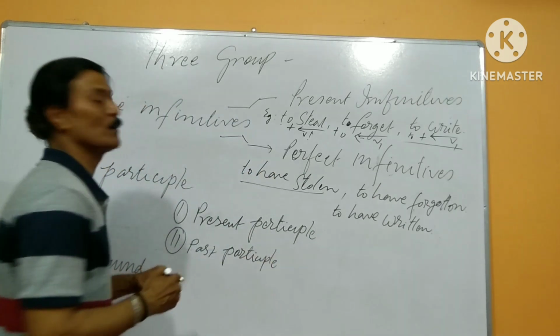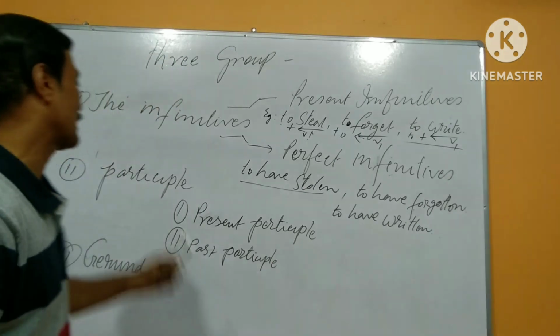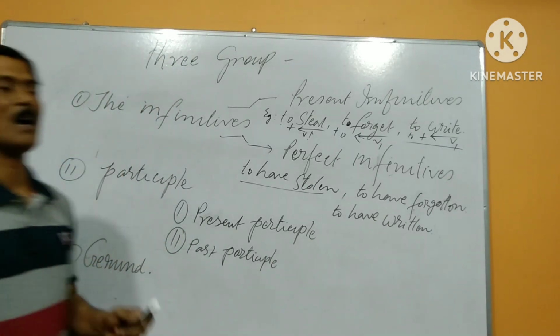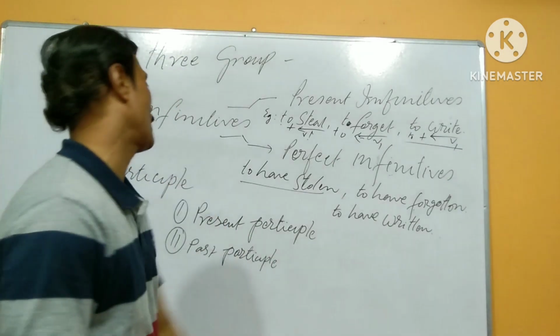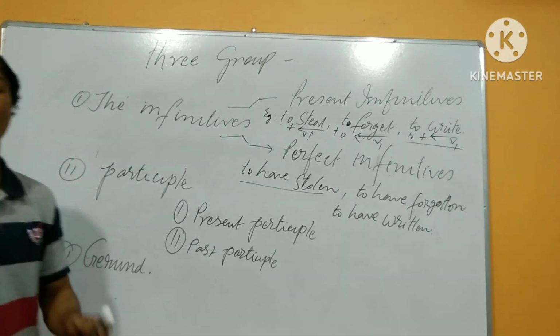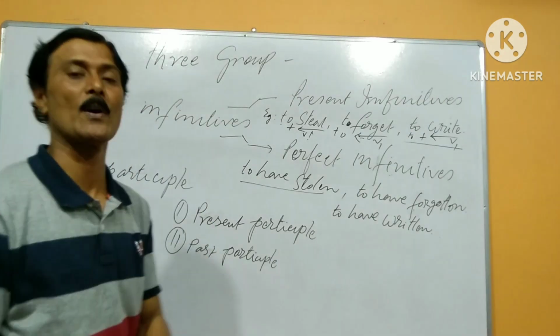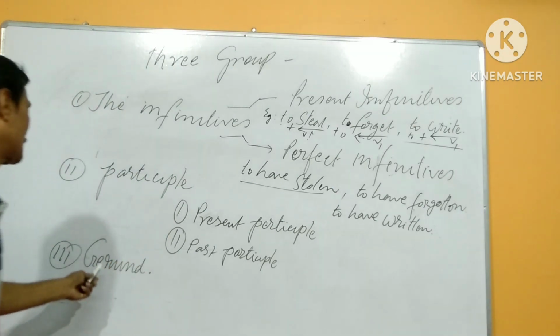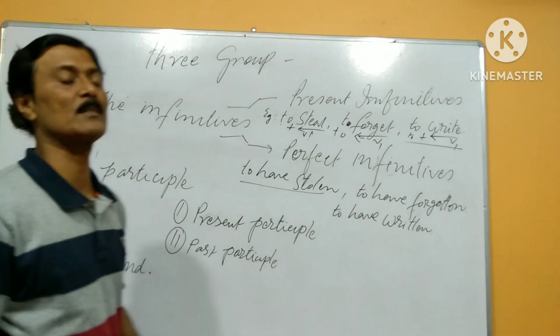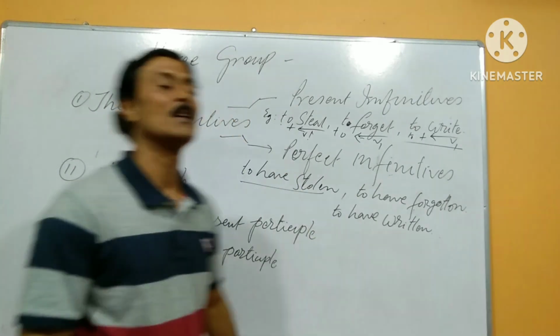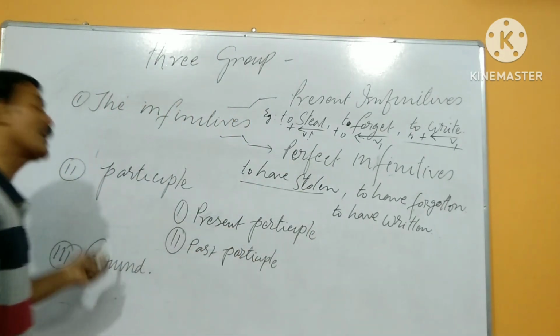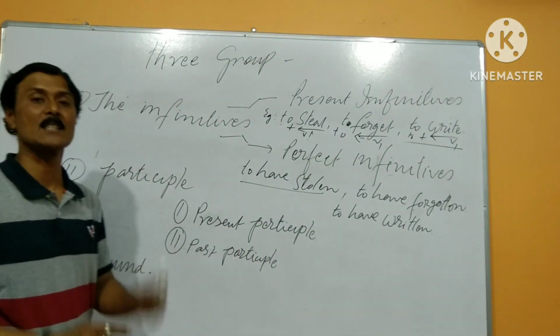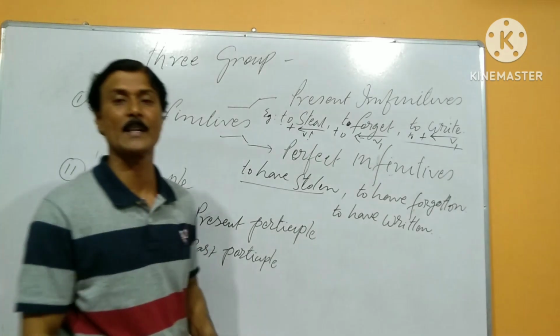All of you know very well that adding ing to the end of the verb forms it, and a gerund is also formed by adding ing to the end of the verb. Both the participle and the gerund are formed by adding ing to the verb, and that makes a gerund. But there is a difference. What is the difference here?